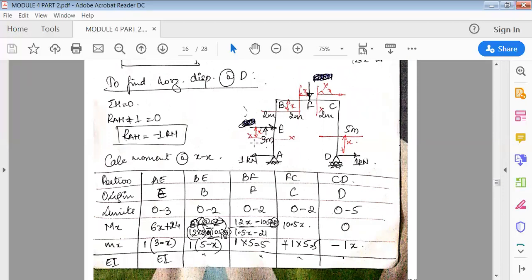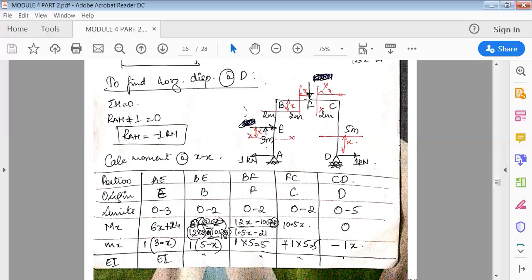Then calculate the moment at section XX. First we go on cutting every section here: AE, EB, BF, FC, CD. Let's start like this. In AE, the origin is A; again, this is your choice, you can take either left or right. In EB, we consider B as the origin.